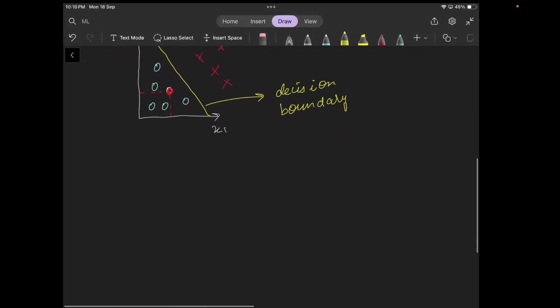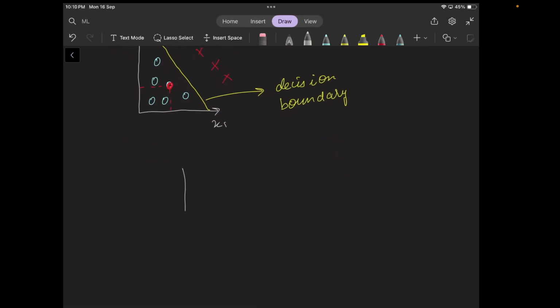Now if we take a very simple case of a one-dimensional input, so we only have some input, let's say the size of a tumor, and this is the class 0 or 1, wherein we say whether it is malignant or not.